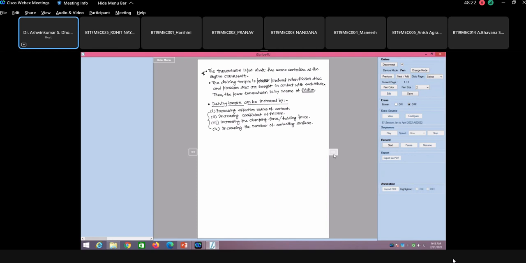transmission torque is equal to F into R, where R is the radius. That will increase the torque. Then increasing the coefficient of friction, because mu will increase the force of holding the plates together, which is required for power transmission.